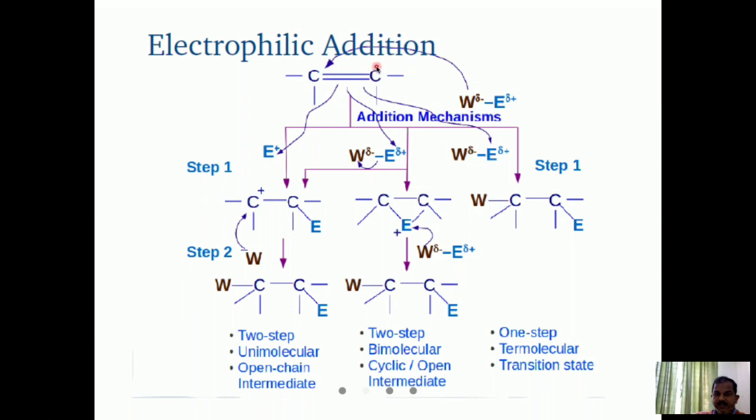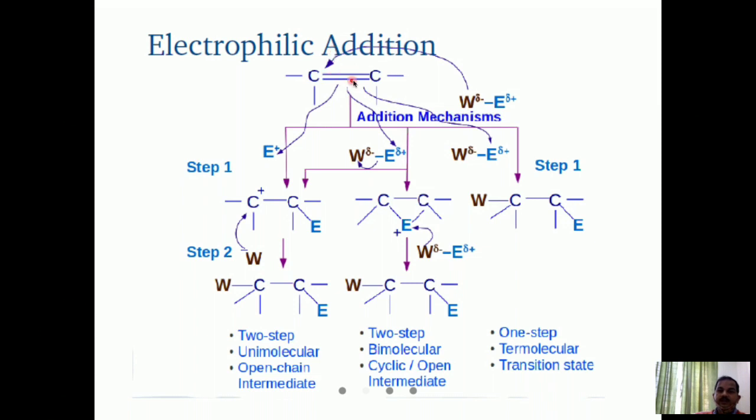Two options are there. Either it can attack here or here. If it attacks here, this bond pair will move here and the plus charge will be developed here. If the electrophile attacks here, then this bond pair will move here and the plus charge will be developed here.